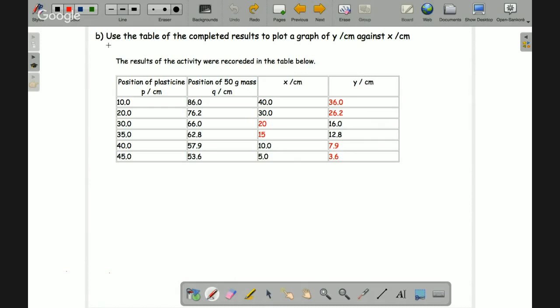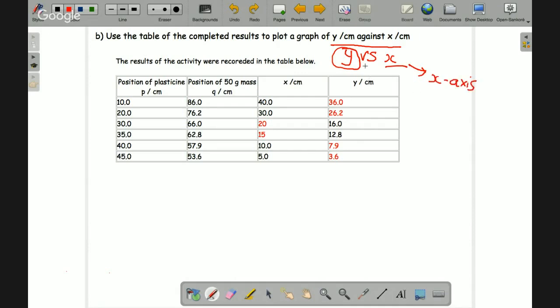And then the next question says, use the table of the completed results to plot a graph of y against x. Whenever you see plot y against x, or sometimes y versus x, put whatever is in front on the y-axis and whatever is behind on the x-axis.